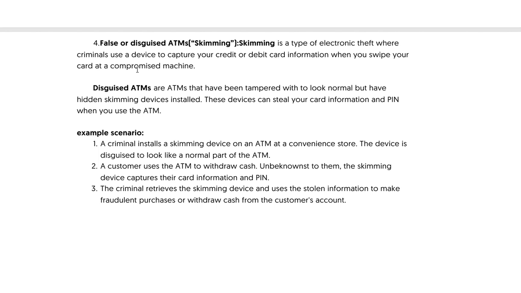When you swipe the card at a machine that has been compromised, they will keep some cameras or sensors to read your data. Next we have disguised ATMs. These are ATMs that have been tampered with to look normal but have hidden skimming devices installed. These devices will steal the information about the PIN numbers of your ATM card.